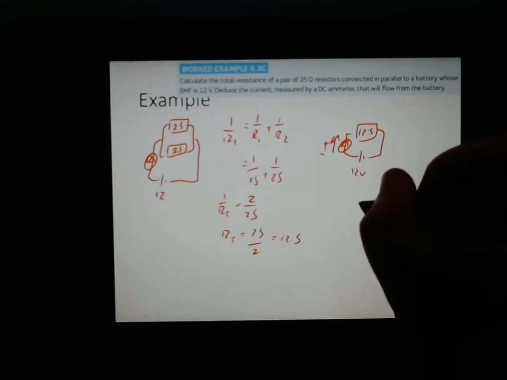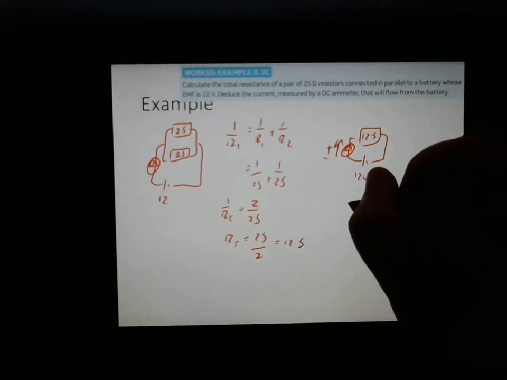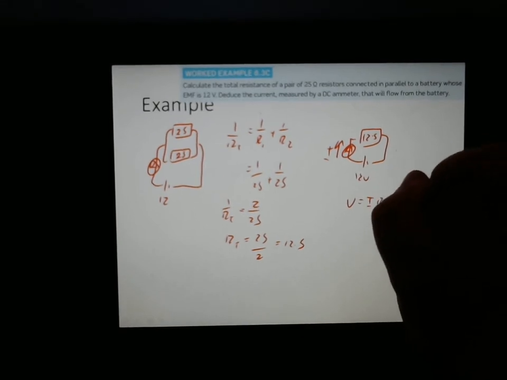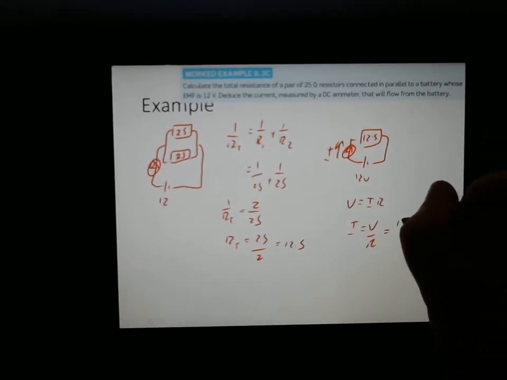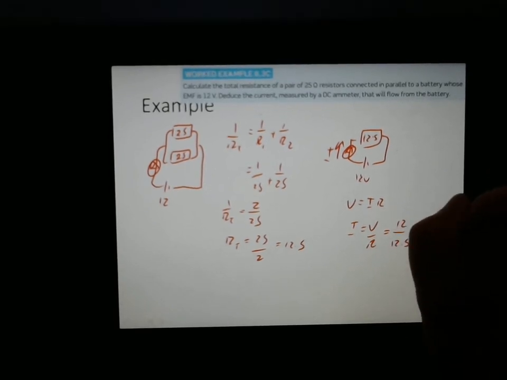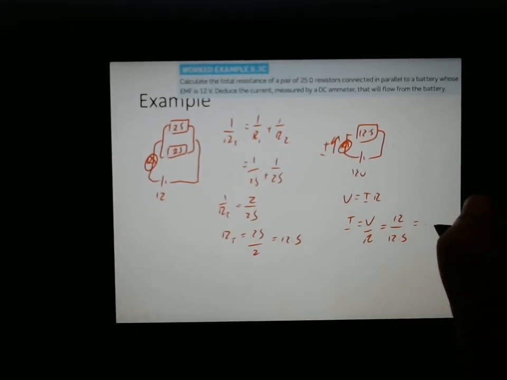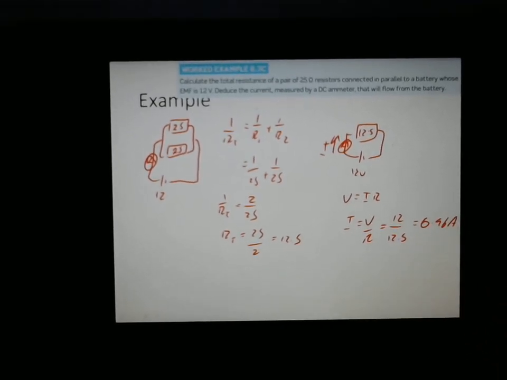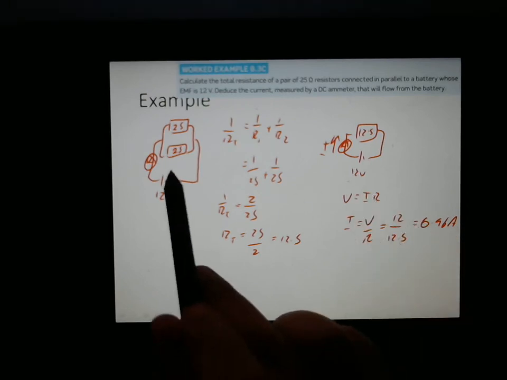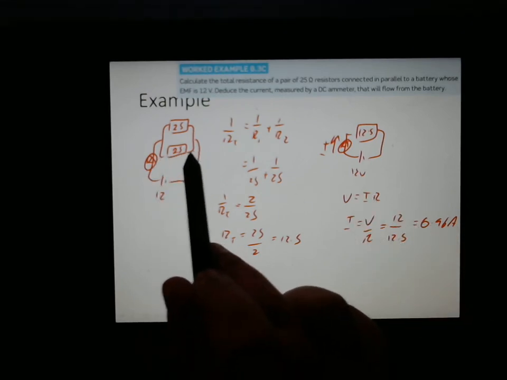So now we can go, well, by Ohm's law, V equals IR, I equals V over R equals 12 over 12.5. So we see that's just under 1, 0.96 amps. We could work out, well, if there is 12 volts, how much current would be going through each of these.